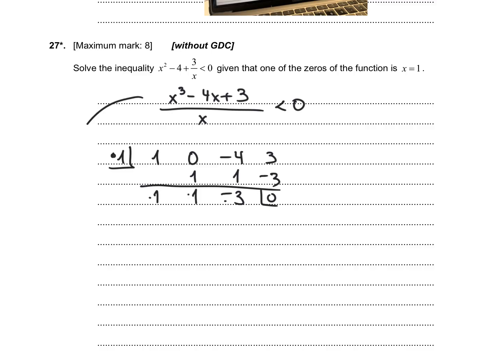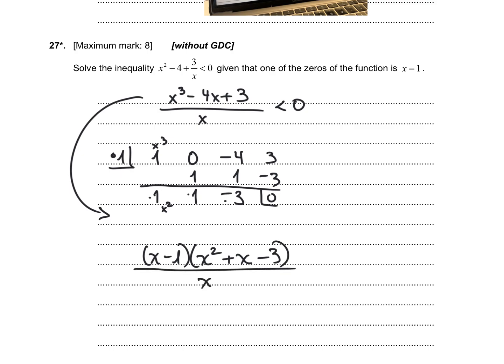So this thing changes. Where it was x cubed, now it's going to be x squared, and we have that x minus 1 went into it. So we have x squared plus x minus 3, and then that's over x. If you were to check x squared plus x minus 3, the discriminant, that's b squared minus 4ac.